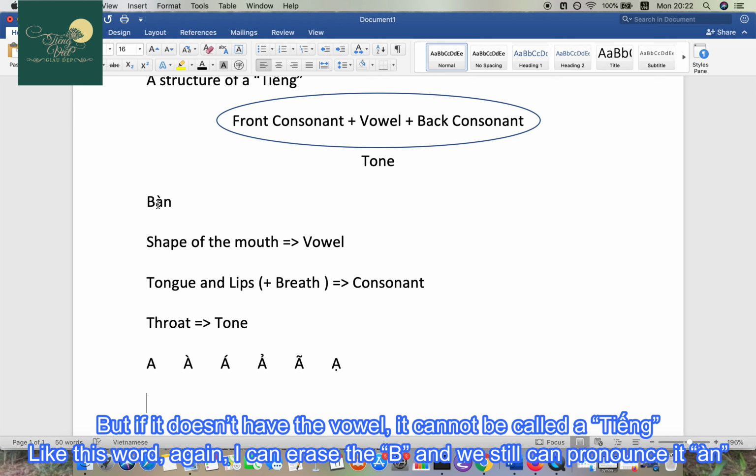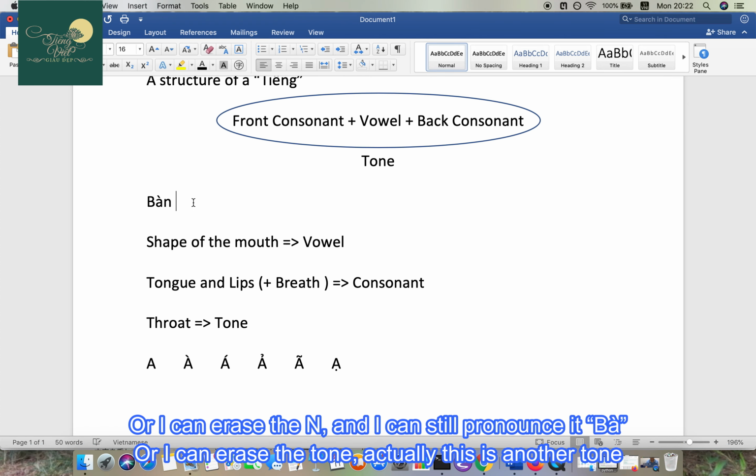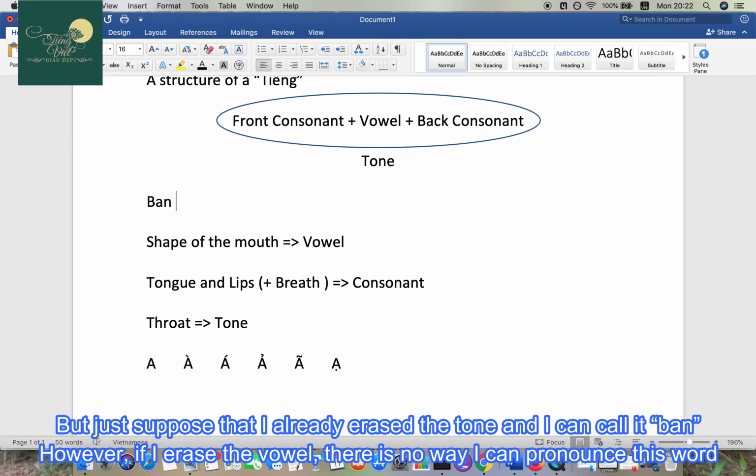Like this word again, I can erase the B and we still can pronounce it, or I can erase the N, I can still pronounce it ba, or I can erase the tone. Actually this is another tone, but just suppose that I already erased the tone, and I can call it ban.